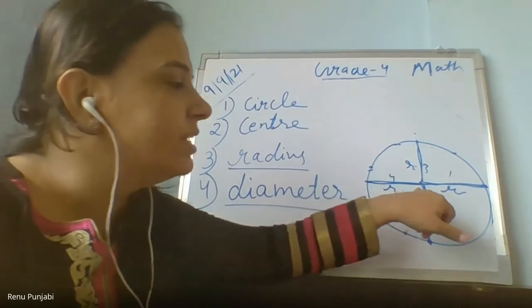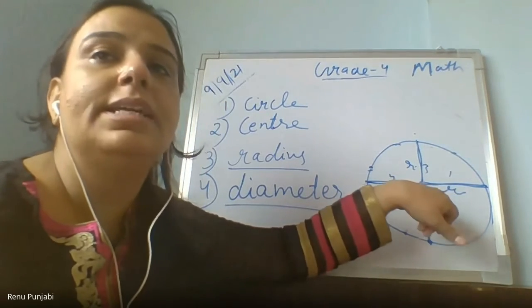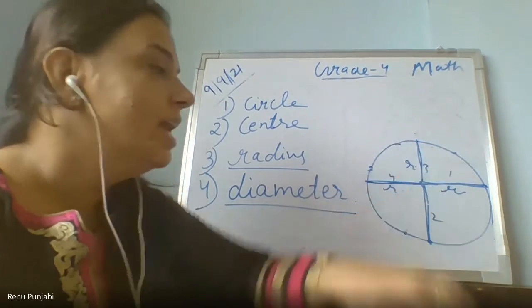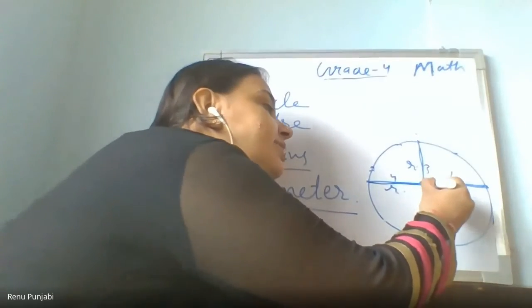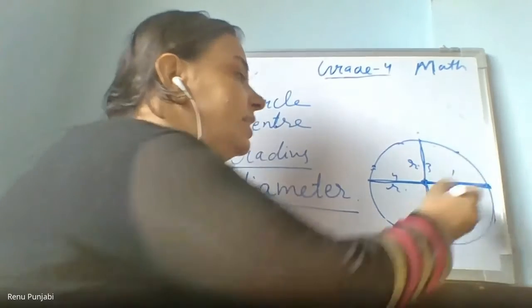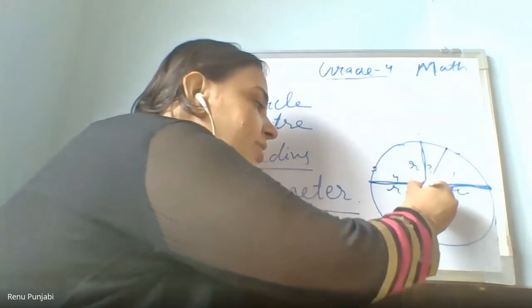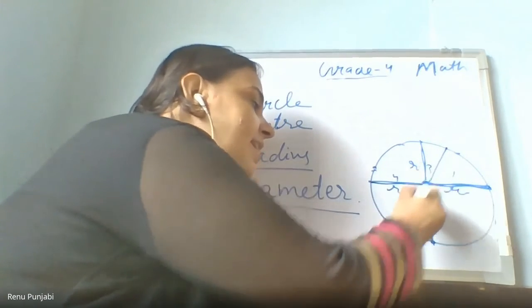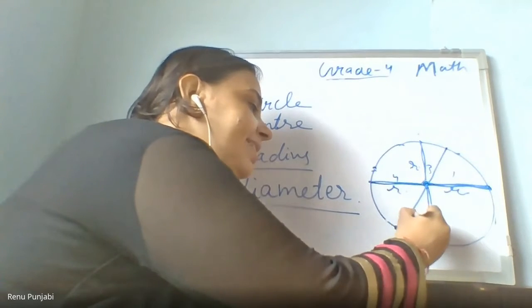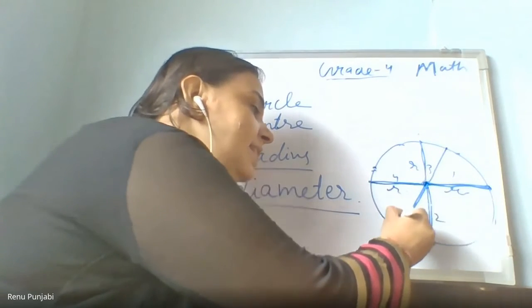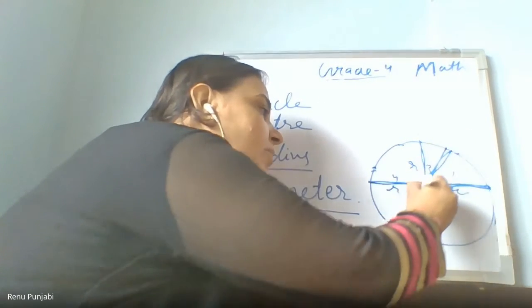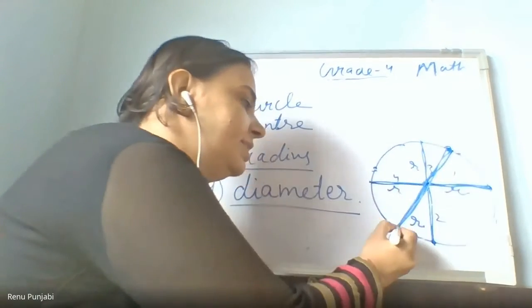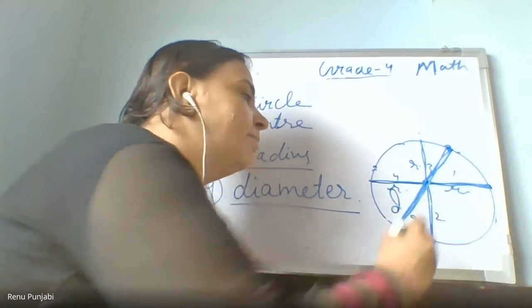So we always start the definition of the radius and the diameter with the line segment. A line segment starting from the center and touching the boundary of the circle, whether this way or this way, diagonally also. So the distance from the center to here is the radius. And for the diameter, a line segment passes through the center and both endpoints are on the boundary of the circle. One endpoint is here and the other is here, so this will be the complete diameter.